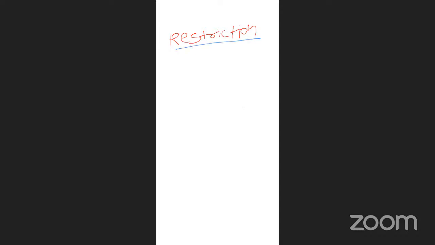Restriction endonuclease types. First one, type 1. Type 2. Type 3. Type 2s. So there are normally four types of restriction endonucleases, right? Clear? Yes, sir. These are important for a long question: types of restriction endonucleases, type 1, type 2 and type 3.